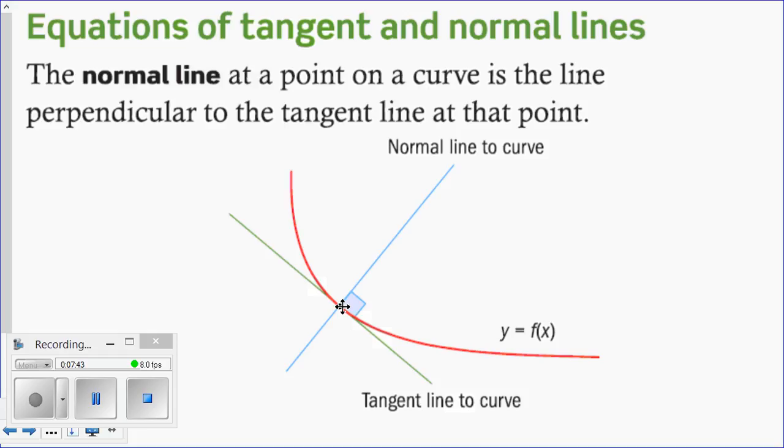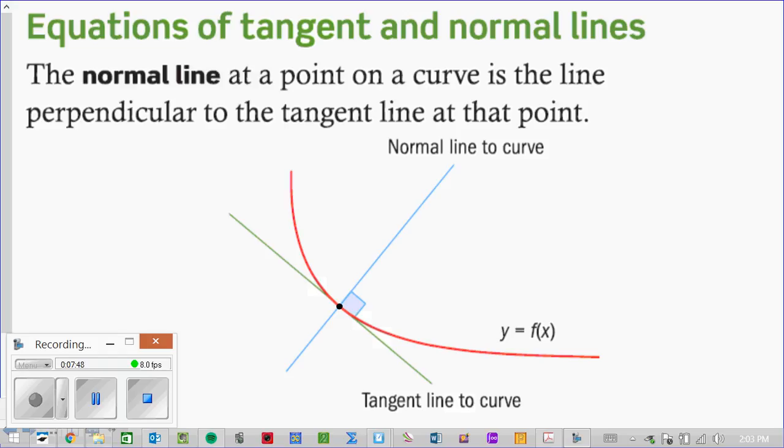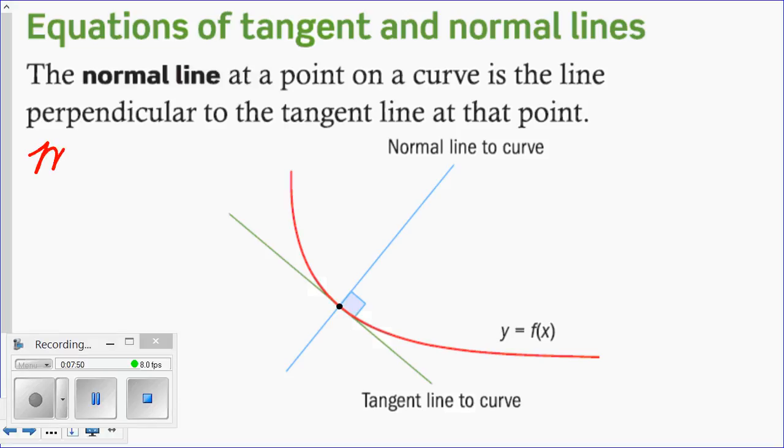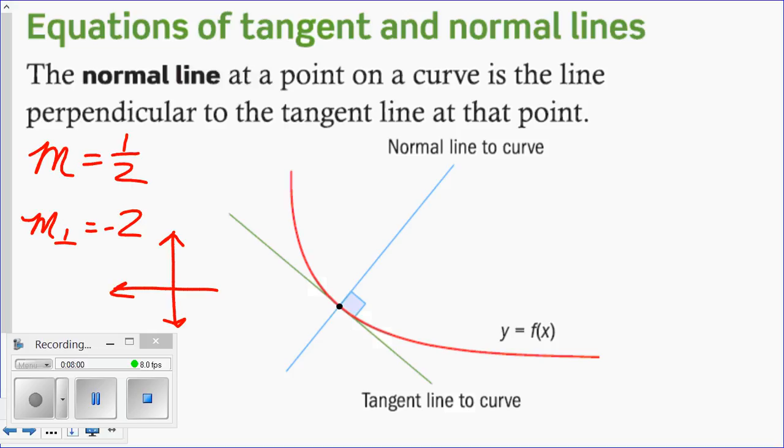So if you know the slope, if you recall, if we have a line that has a slope of 1/2, the perpendicular line will obviously have to have a negative slope.